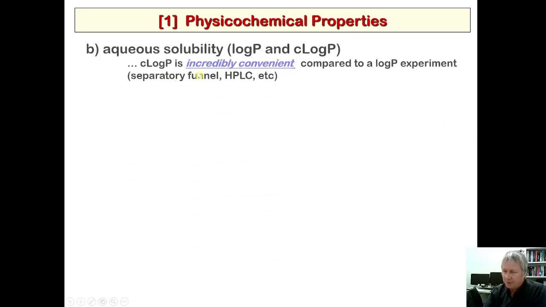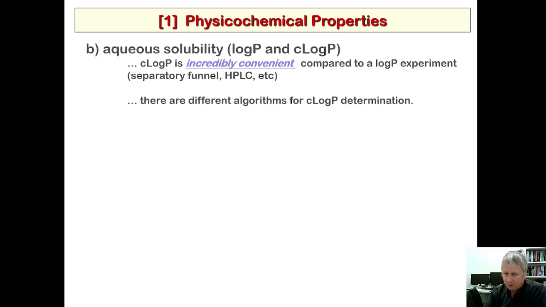C log P is incredibly convenient, and we can do it on the computer. We can feed 10,000 molecules through a computer to get those numbers without needing to do a lot of experimental work.